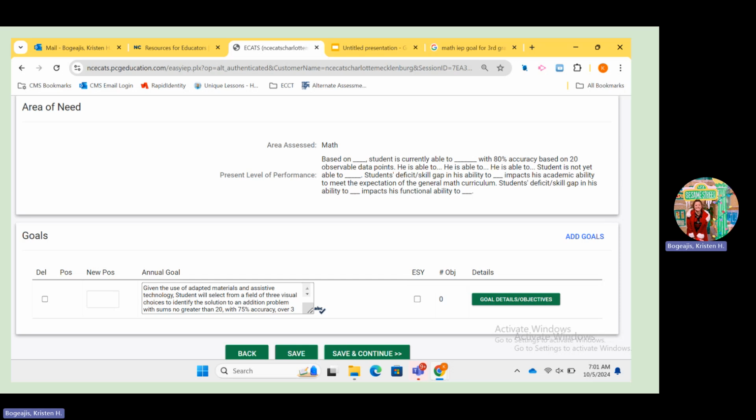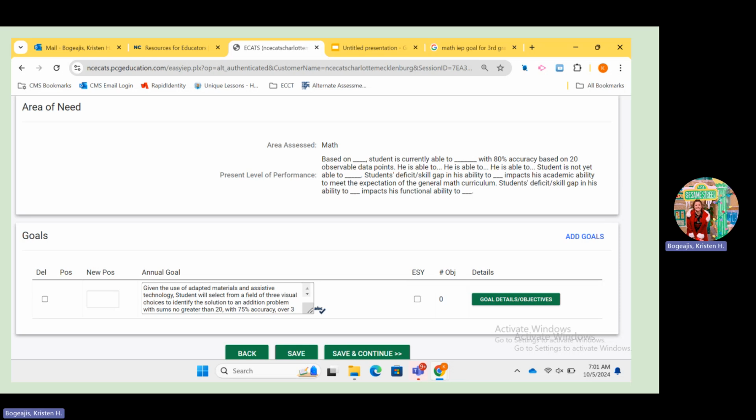So we need percentages, and how many data points that's based off of. As an example, you might say, the student is currently able to identify numbers 1 to 10 with 80% accuracy based on 20 observable data points. You want to make sure you're putting that information in there.